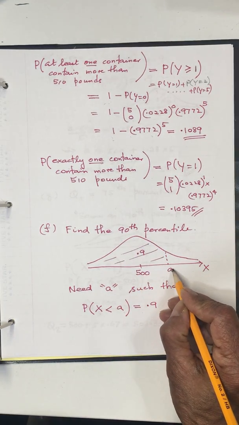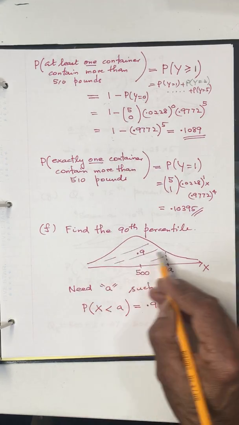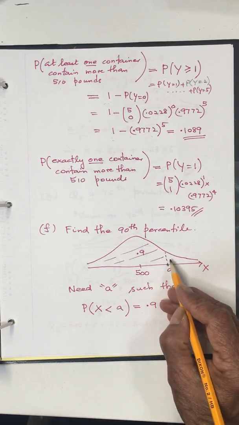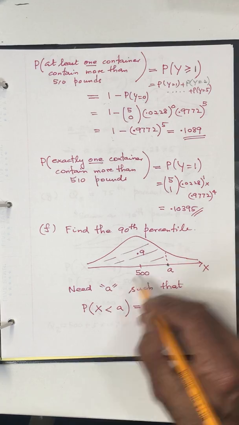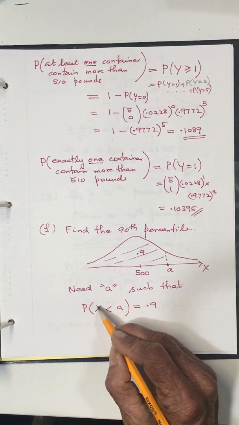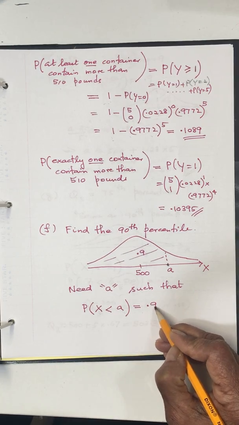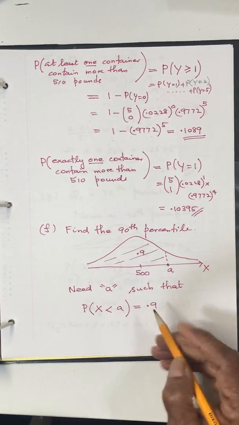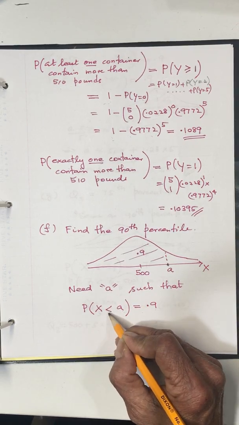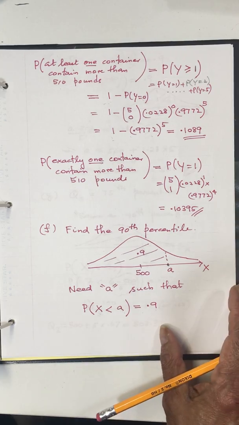You want to find the value A right here somewhere, so 90% of values are below that, only 10% above that. So I need to find a value such that the probability x less than A is going to be 90%, 0.9. Here you can put an equal sign or not; it has nothing to do with that because this is a continuous random variable.